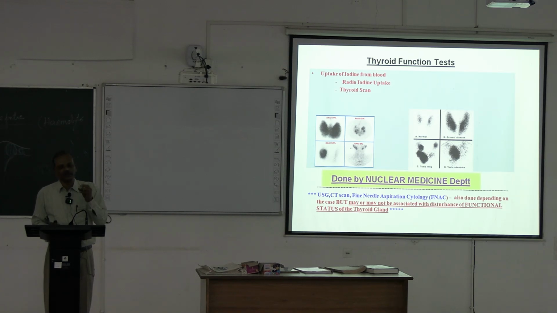Or if the patient has, say, one part of cancer, that needs to be treated. Otherwise the entire gland will be involved and the effect of cancer will be there. But that may or may not cause any functional disturbances. Functional disturbance will be assessed by T3, T4, TSH and FT3 and FT4. These are done for disease diagnosis purposes.